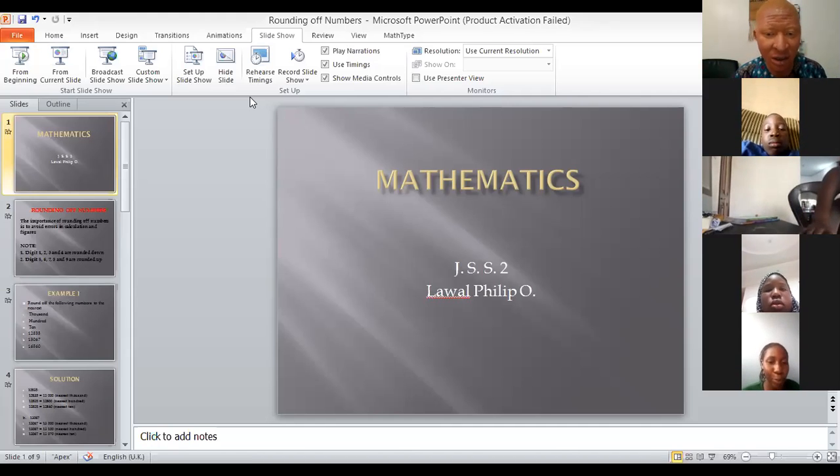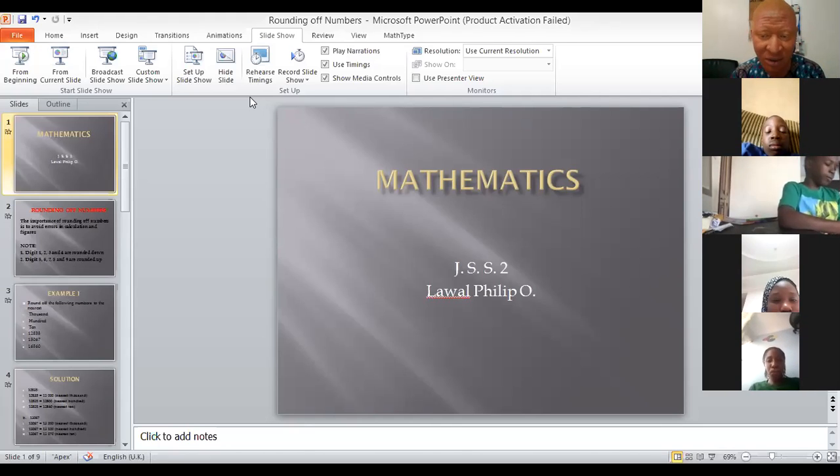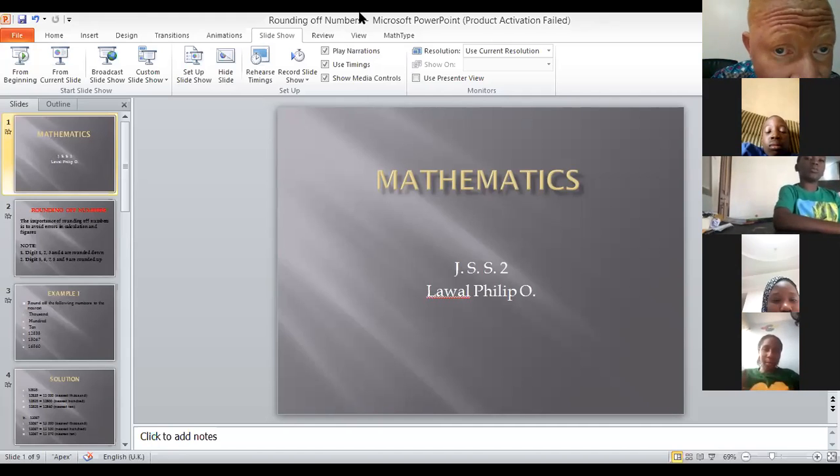So when we say that we're rounding off numbers, what do we mean? This is a scientific idea of making sure that an estimate is given to a particular set of numbers, be it large numbers or small numbers.